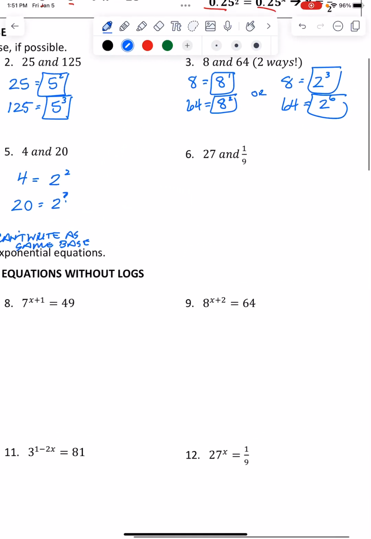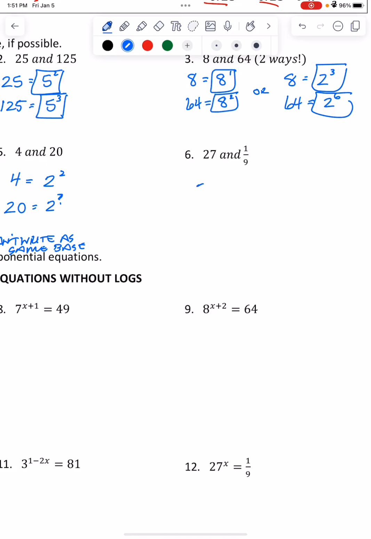Last one of these, number 6, 27 we could rewrite as 3 to the 3rd power. And 1/9, 9 would be 3 squared. Again we want base 3, and this is 1/3, so we need to shift it to the numerator, which changes the sign. So it's 3 to the 3rd and 3 to the -2nd, right?